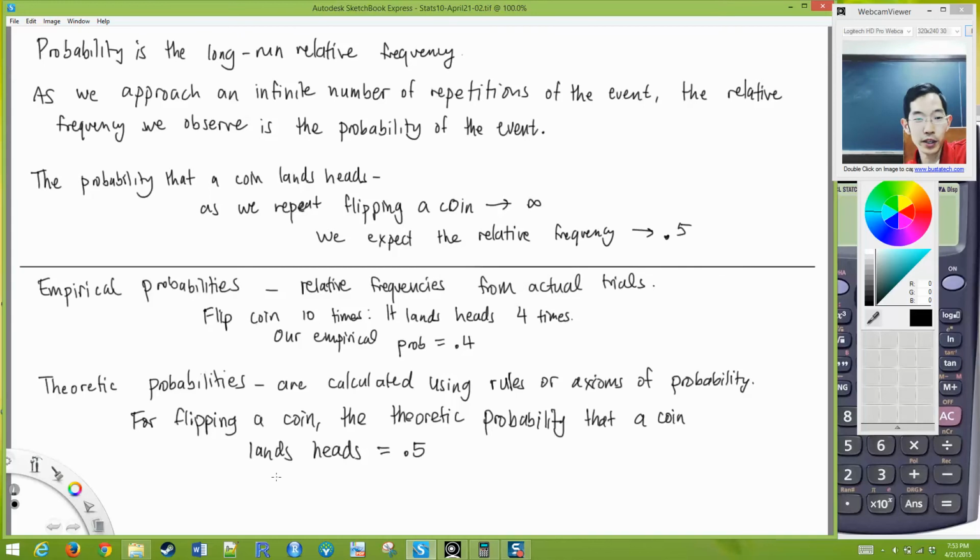Okay, so we have theoretic probabilities and empirical probabilities. So sometimes, well, for flipping a coin, it would be silly to use empirical probabilities because it's very easy to calculate the probability that a coin lands heads. But let's say there was a contraption.